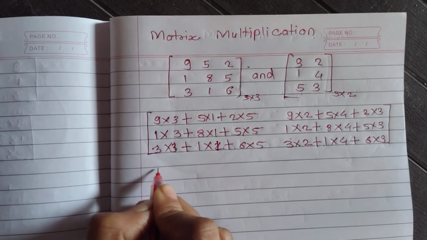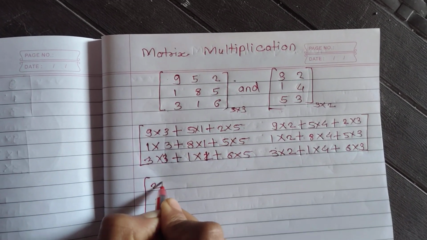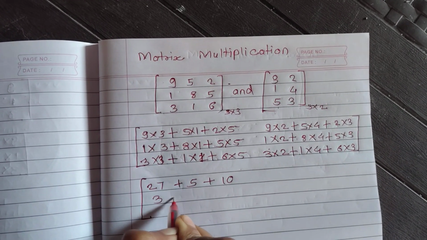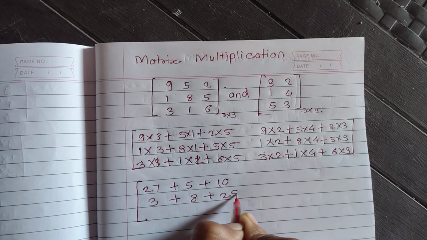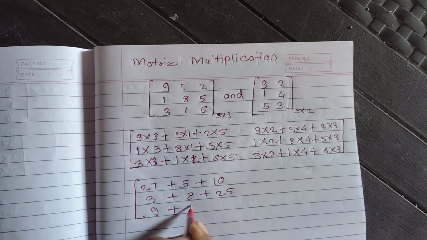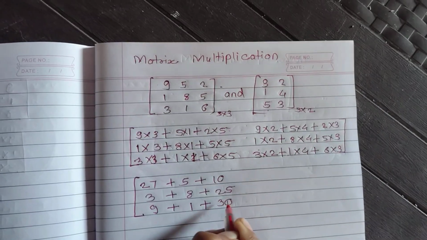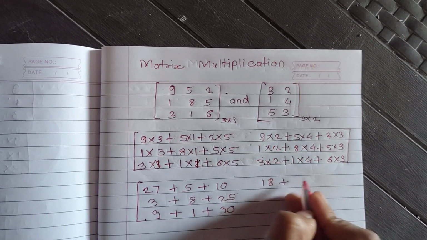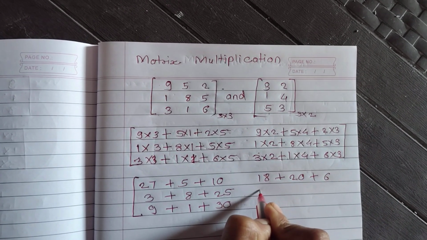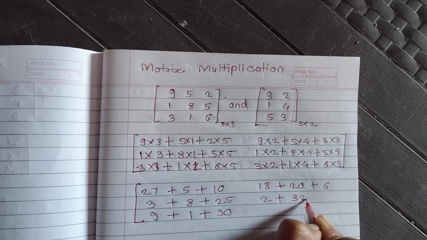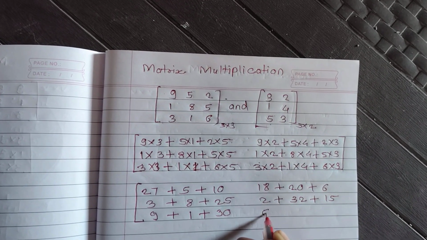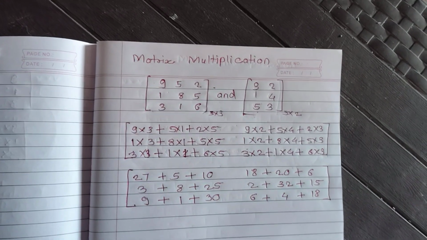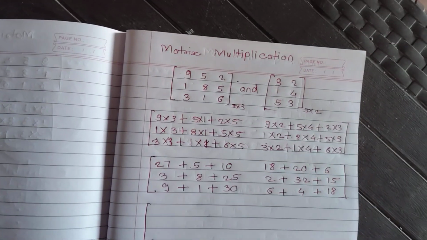So now let's do the multiplication. 27 plus 5 plus 10, 3 plus 8 plus 25. Now 9 into 2, so this is how the multiplication happens. Now let's add this.